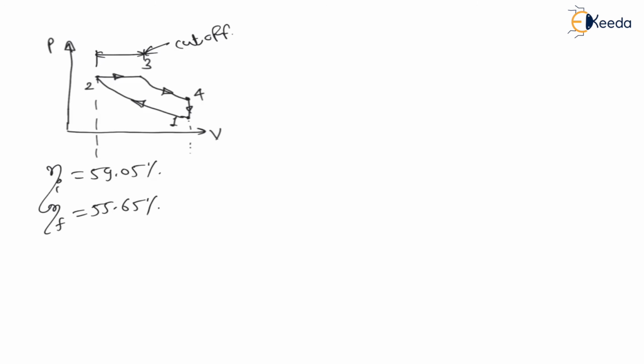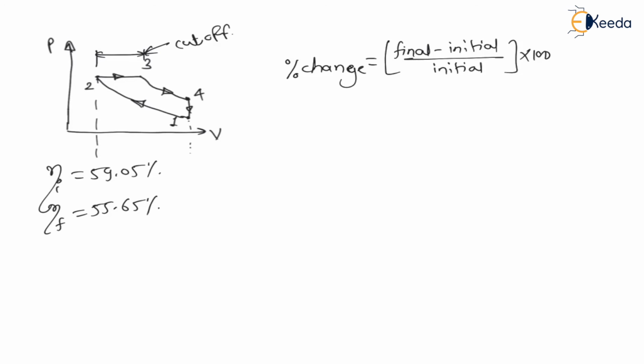Now for any cycle, how to find percentage change? Percentage change is nothing but final value minus initial value, divided by initial value, into 100. This is how percentage change can be calculated. So let us find the percentage change first, right? Therefore the percentage change in efficiency will be equal to (final efficiency minus initial efficiency) divided by initial efficiency into 100.